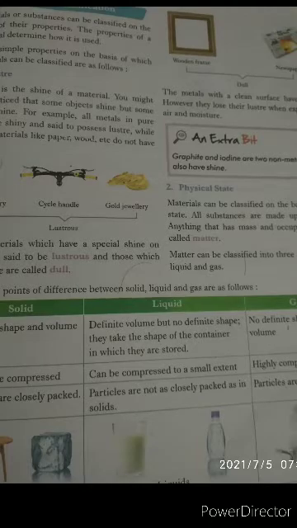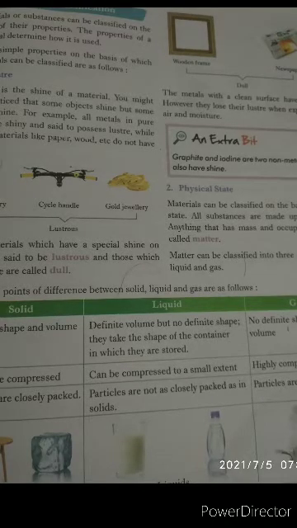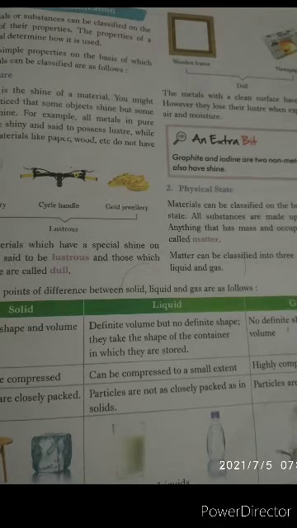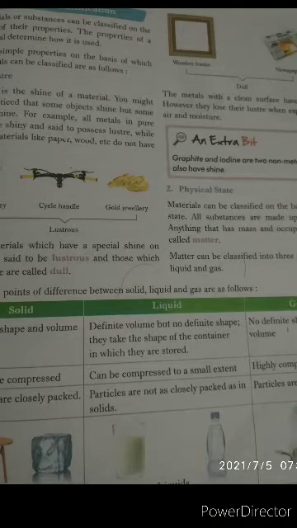We know that some materials will shine and some materials do not shine. For example, all materials in pure state are shiny and said to possess luster, while some materials like paper, wood, etc. do not have luster.